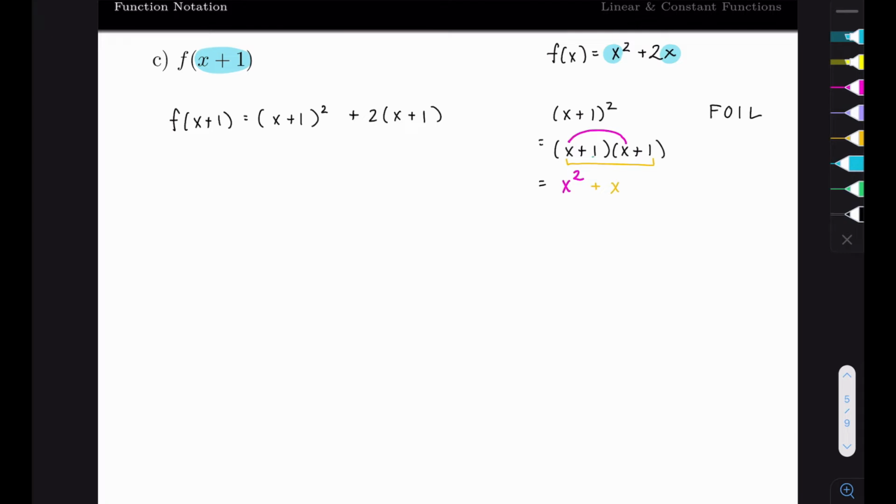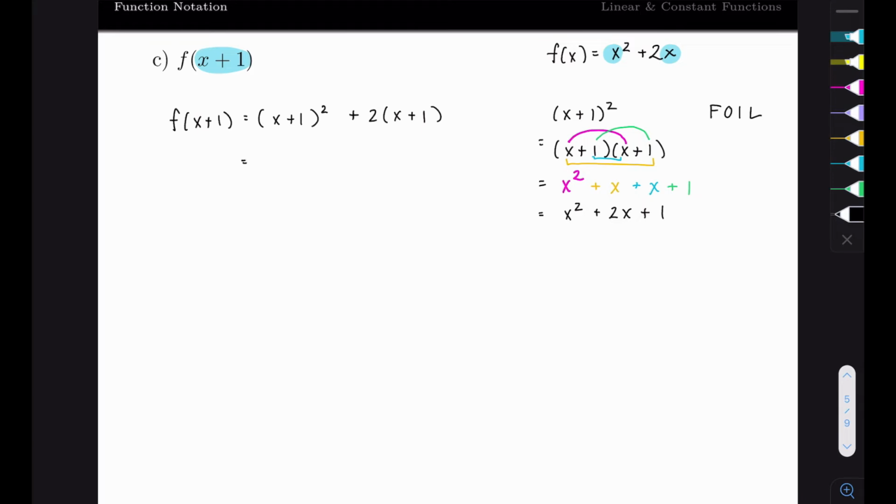The I is the inner terms, so that's positive 1 and x. Multiplying those gives us x again. And then L stands for the last, so we get 1 times 1, which just gives us 1. Condensing these, x plus x is 2x. So it simplifies to x squared plus 2x plus 1.